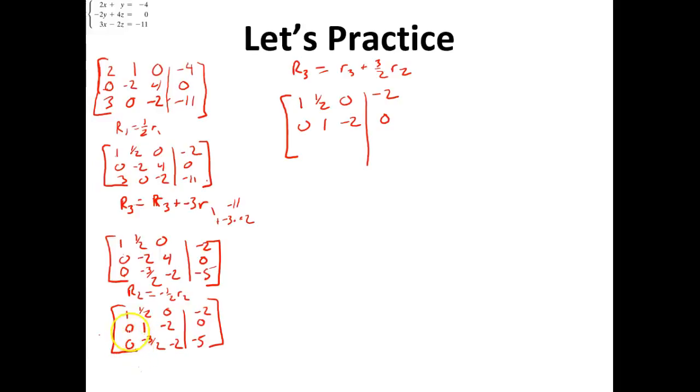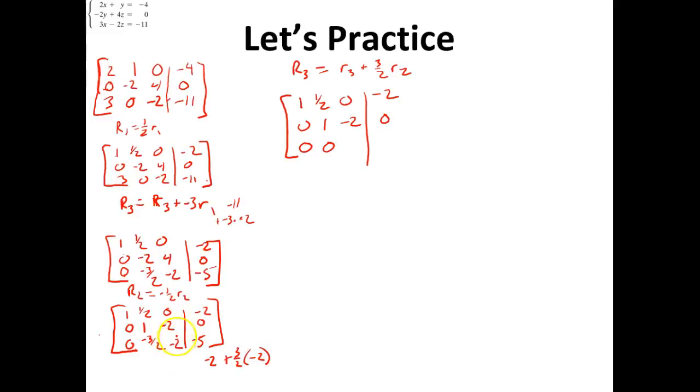here 0 plus 3/2 of 0 is still 0. Here, negative 3/2 plus 3/2 of this is going to be 0. Negative 2, so if I do some scratch work, negative 2 plus 3/2 times negative 2.